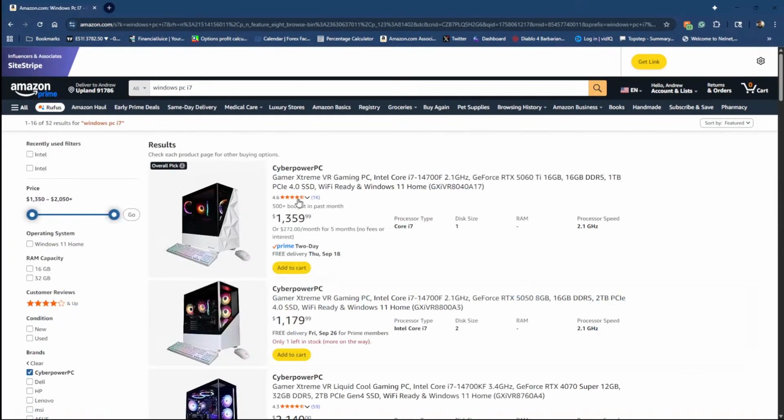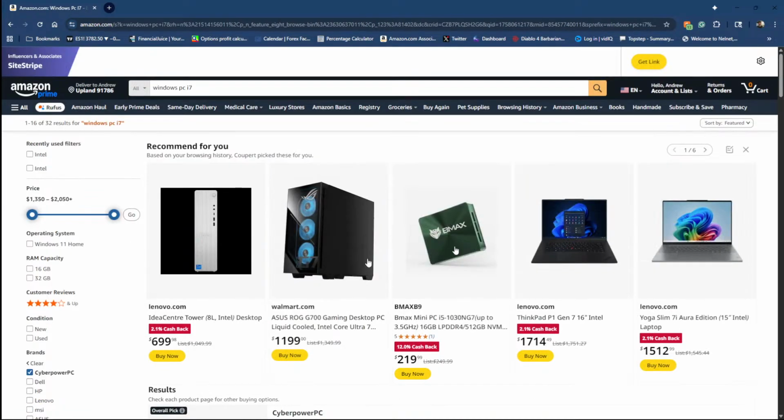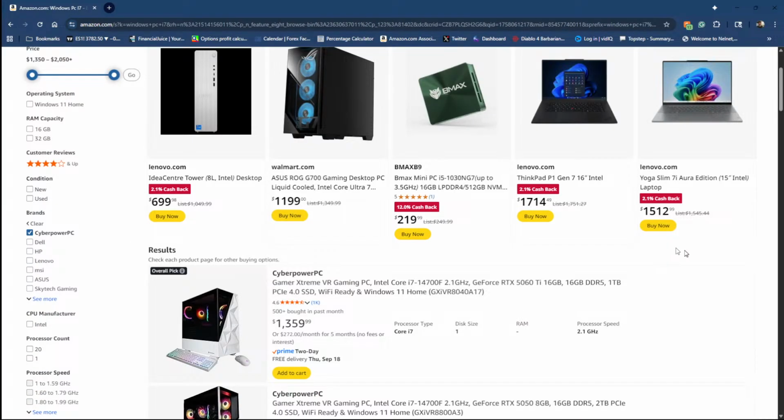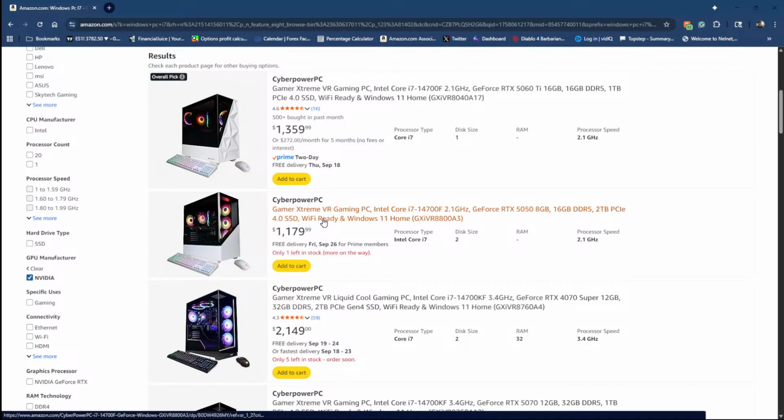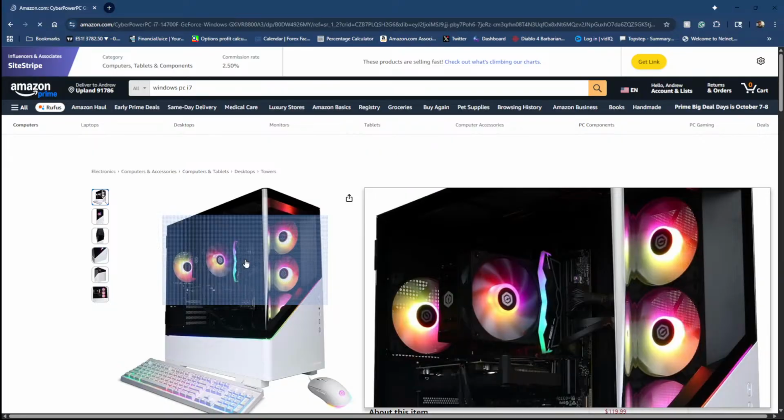Oh, it's not letting me do iBuyPower, but okay. Can't tell if this one's water cooled or not, because that's really the next kind of upgrade you want. Oh, it doesn't even have 32 gigs of memory. This is air cooled.